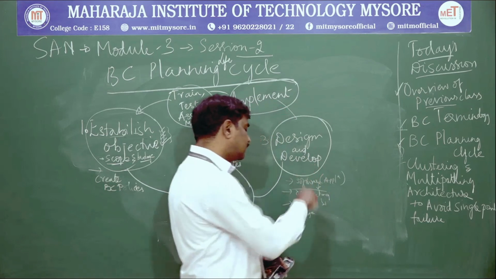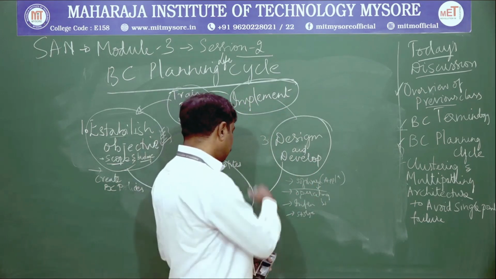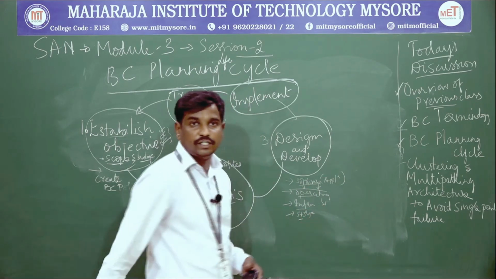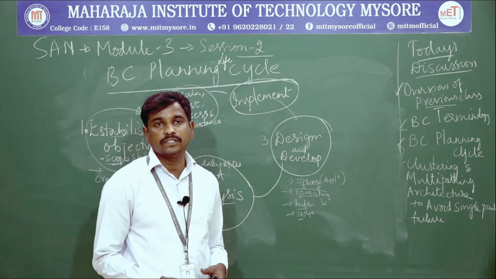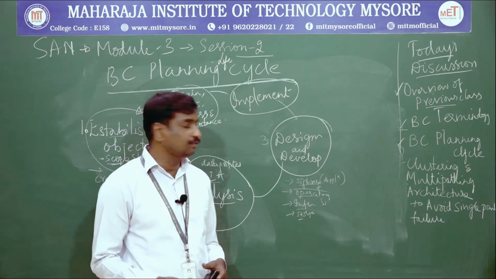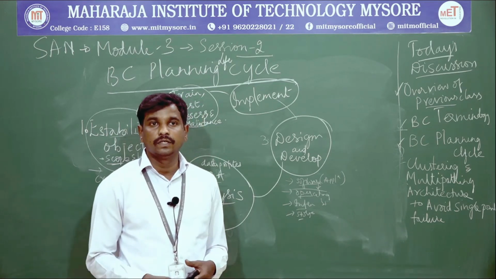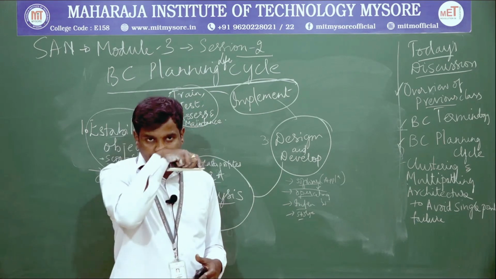Like that, each stage in the operations needs to be divided into different individual teams, and the roles and responsibilities will be assigned to the individual teams in designing and developing the different operations.